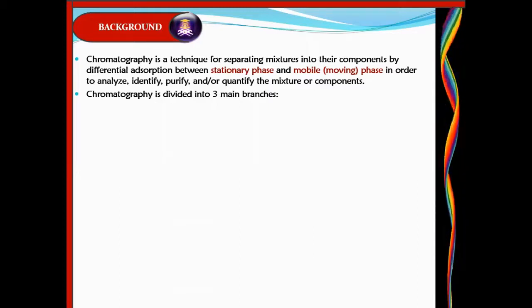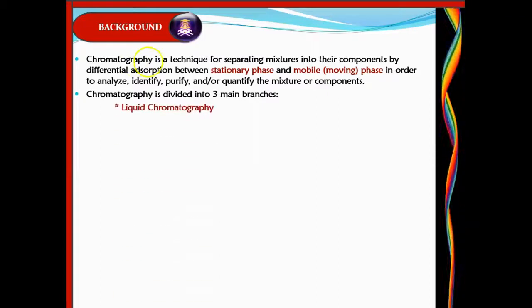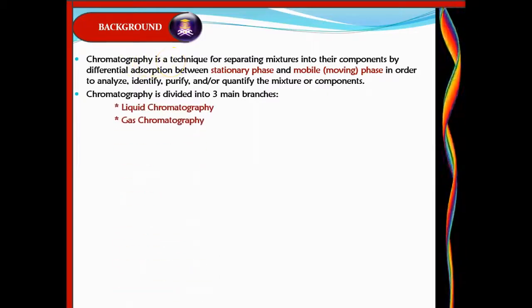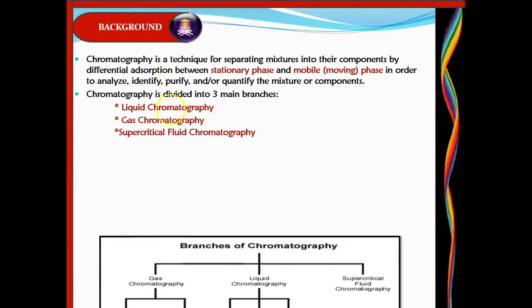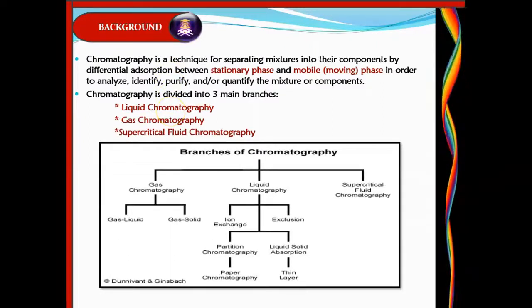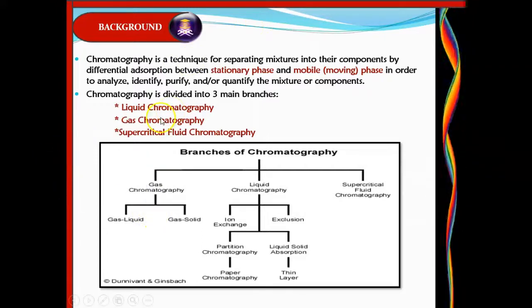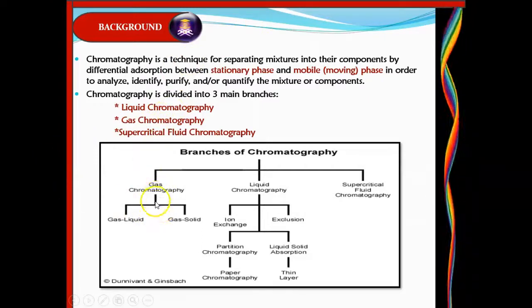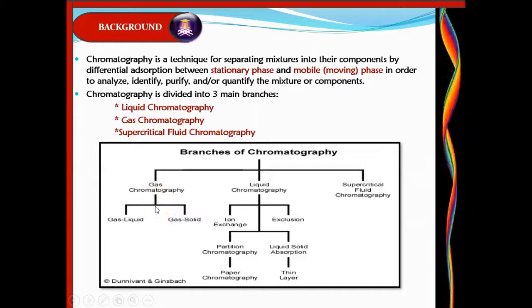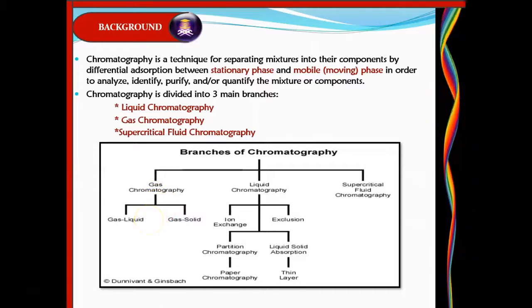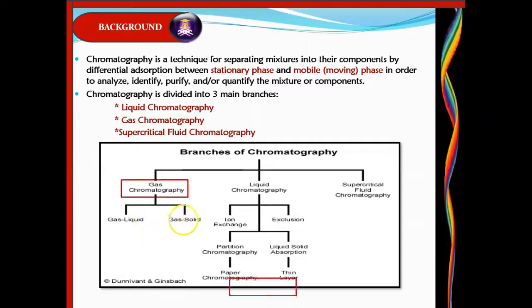There are many types of chromatography. We have liquid chromatography, gas chromatography, and supercritical fluid chromatography. These three types can be divided further. In GC, or gas chromatography, we have gas-liquid and also gas-solid.